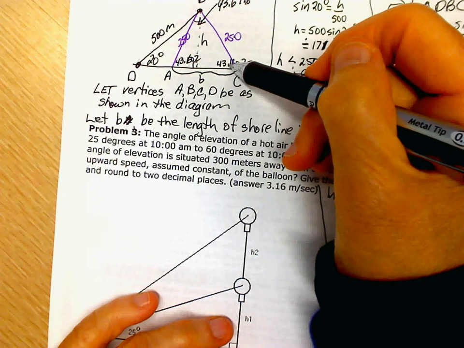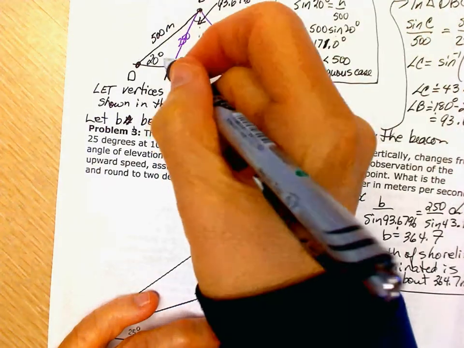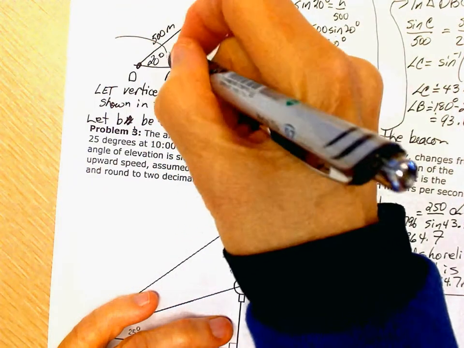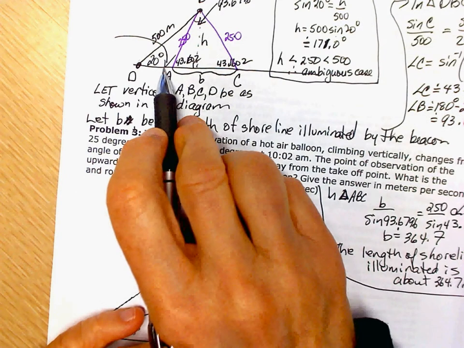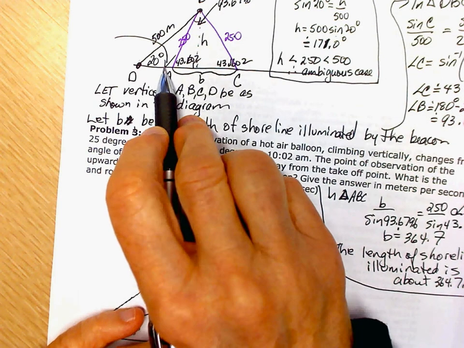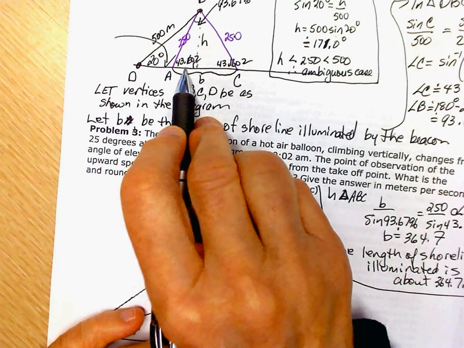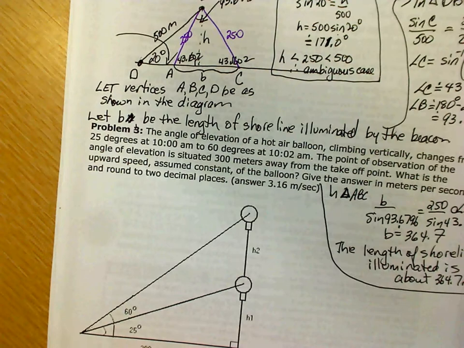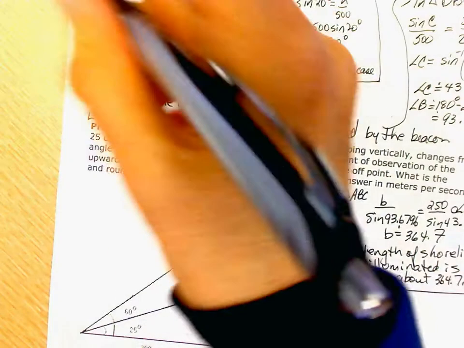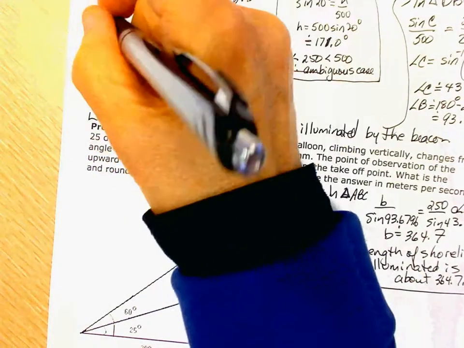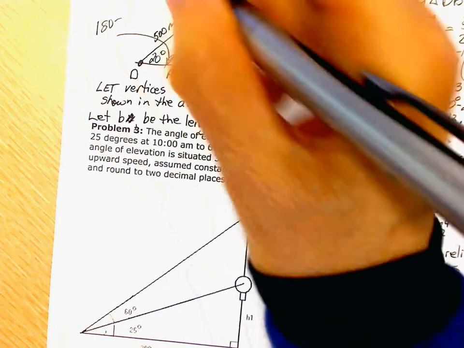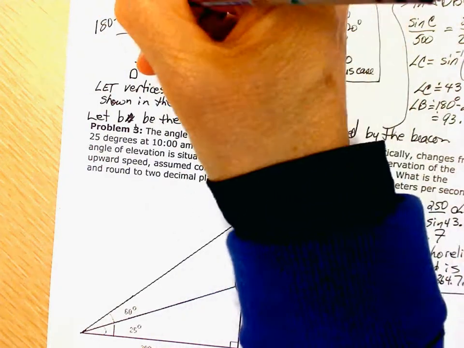But you also know that this, using the ambiguous case we taught yesterday, is 180 minus 43.1602, so that must be 43. This angle here is equal to 180 minus 43.1602.